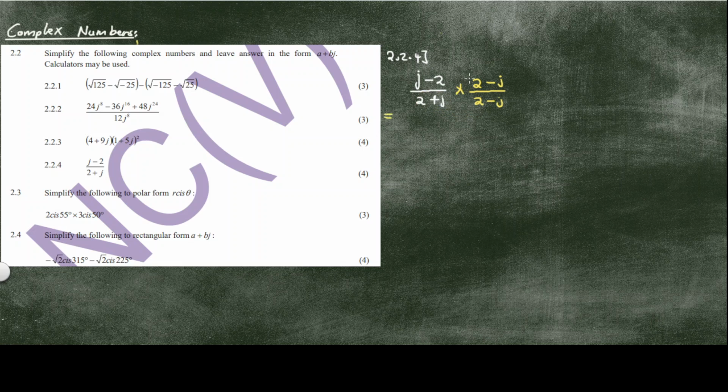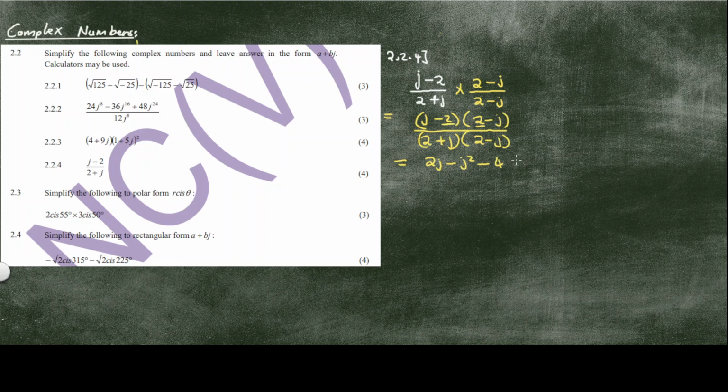This is going to be equal to j minus 2 multiplied by 2 minus j over 2 plus j multiplied by 2 minus j. So then we foil. J times 2, that's 2j. J times minus j, that's minus j squared. This negative 2 times that 2 gives us a minus 4.